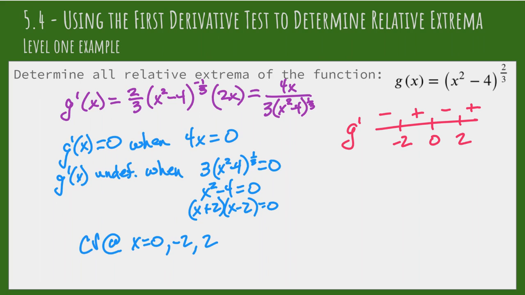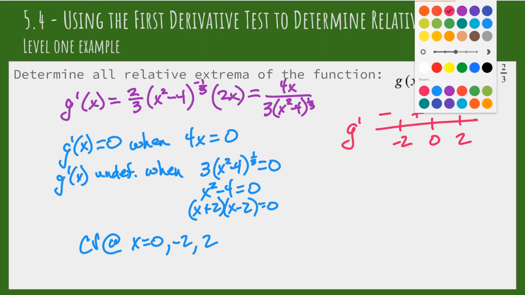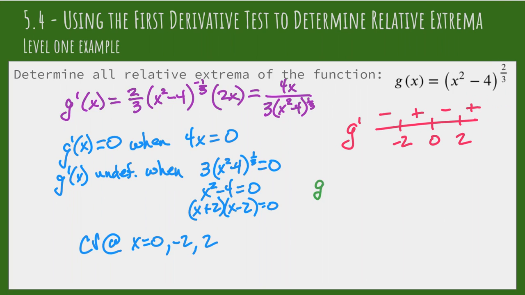All right, so just analyzing what we've got here, we've got a derivative change from negative to positive at -2. We've got a derivative change from positive to negative at 0, and then another change from negative to positive at +2. So I'm going to write out my answer. So G has, let's start with the places where the derivative changes from negative to positive, there's 2 of them here.